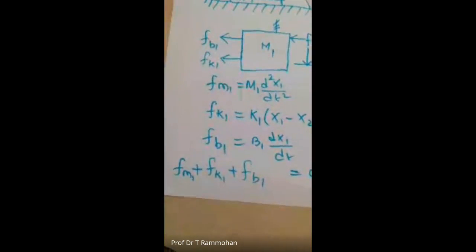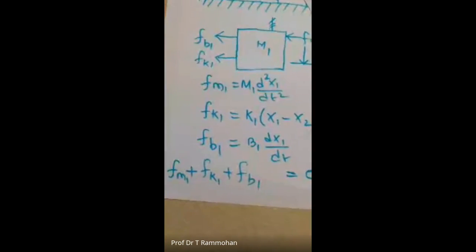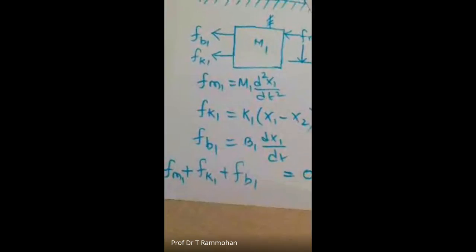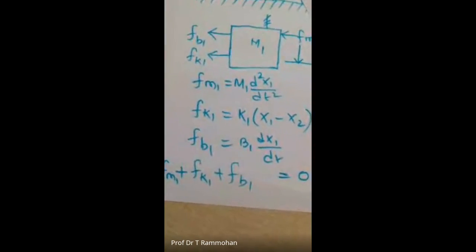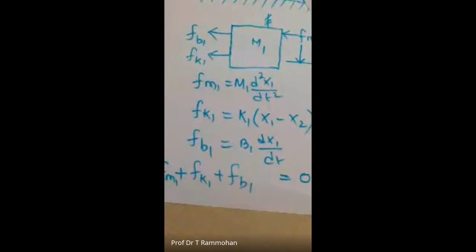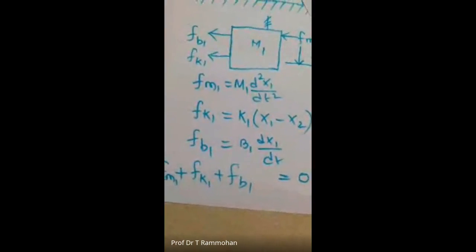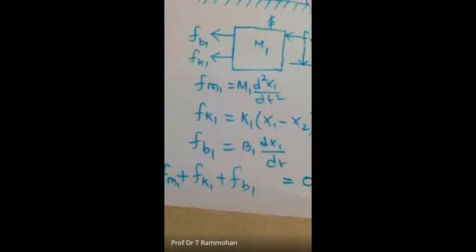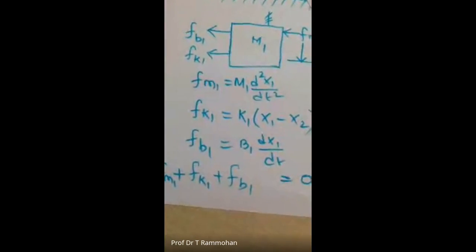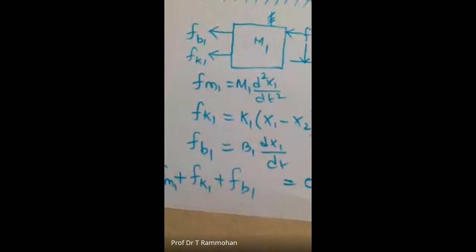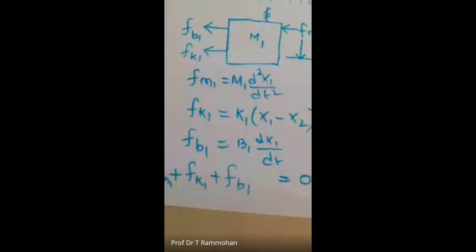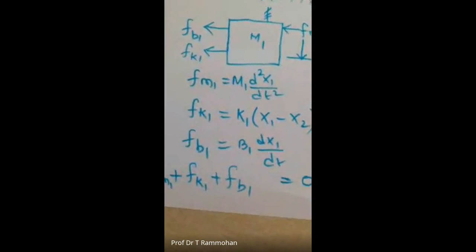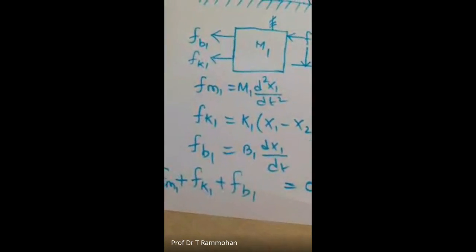Okay, ma'am. So Fm1 equal to M1 into d square x1 by dt square. Fk1 equal to K1 into x1 minus x2. These are the answers received from you. And Fb1 equal to B1 into dx1 by dt. The force balance equation.